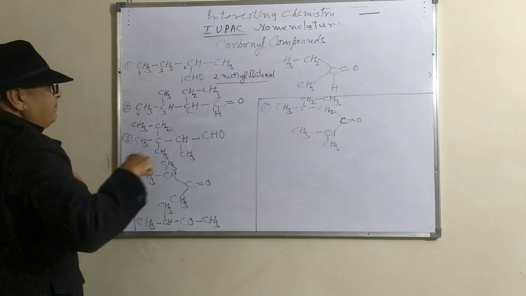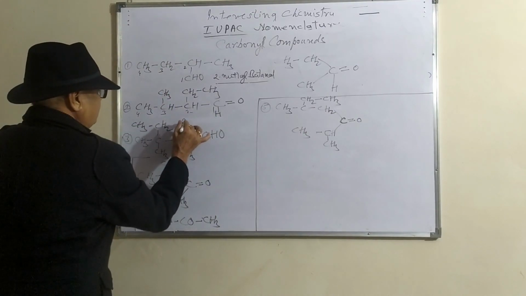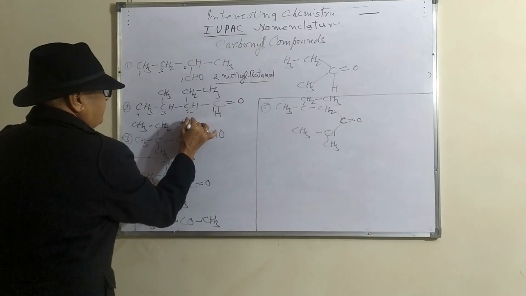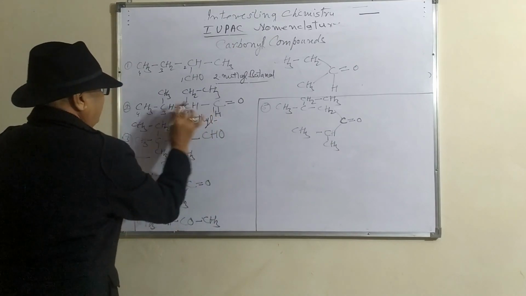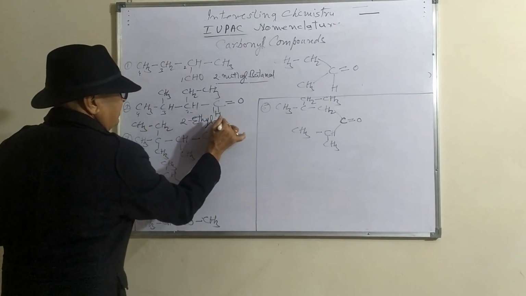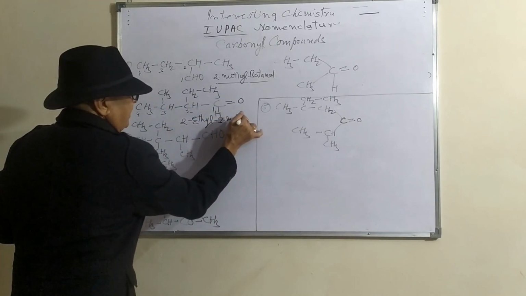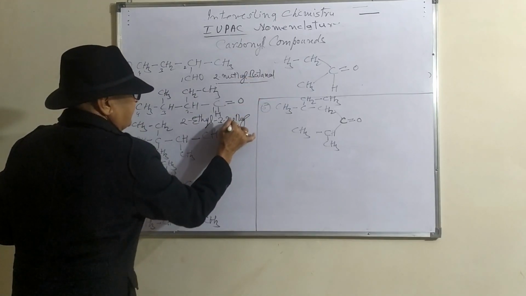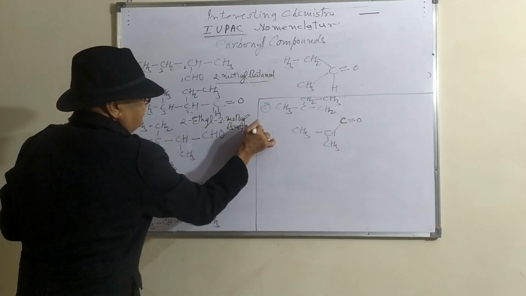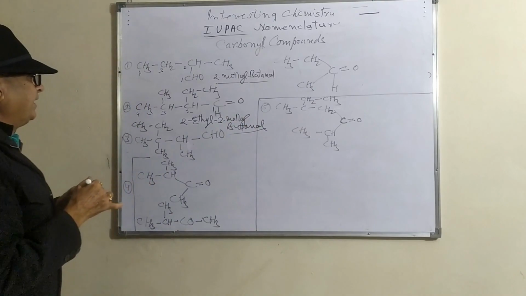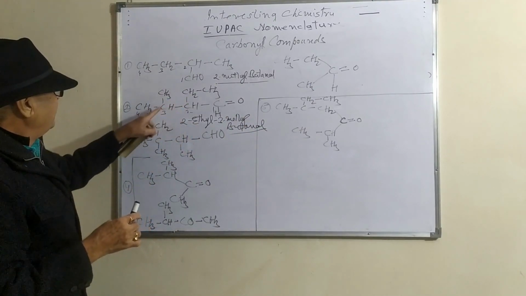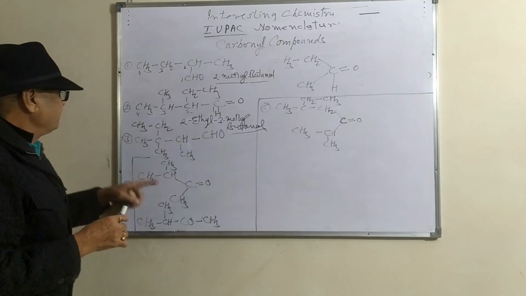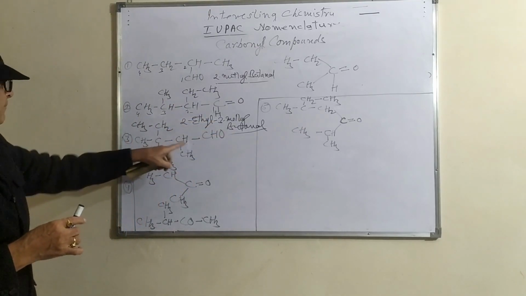So ethyl will come first. So the name of this compound will be 2-ethyl, 3-methyl butanal.